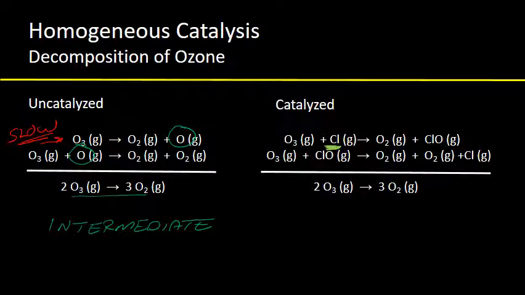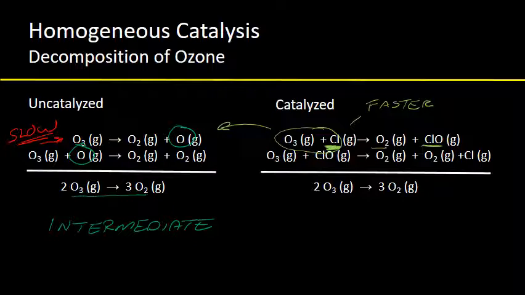And the way this works is a chlorine atom reacts with an ozone molecule to give oxygen and this ClO molecule. Okay, and this reaction here is faster, has a lower activation energy barrier than this reaction over here on the left.